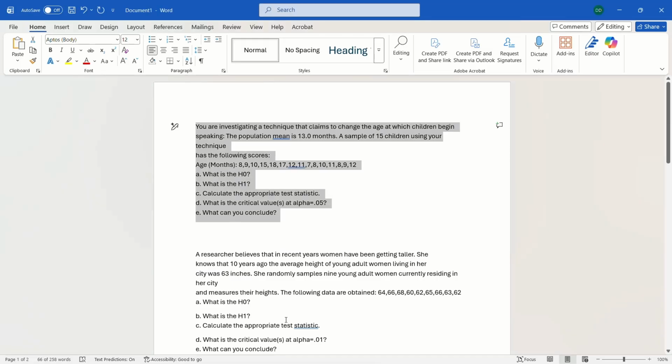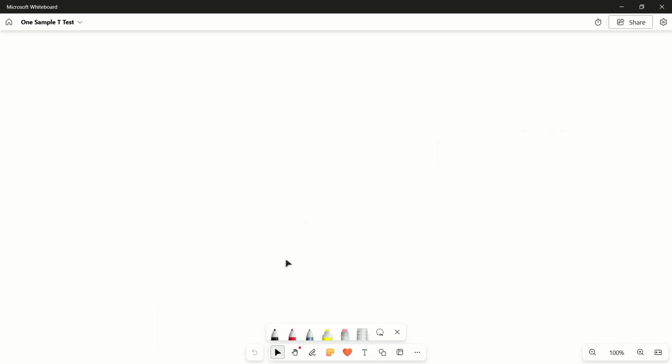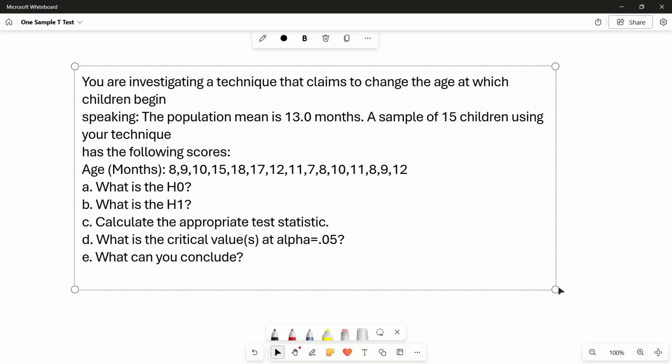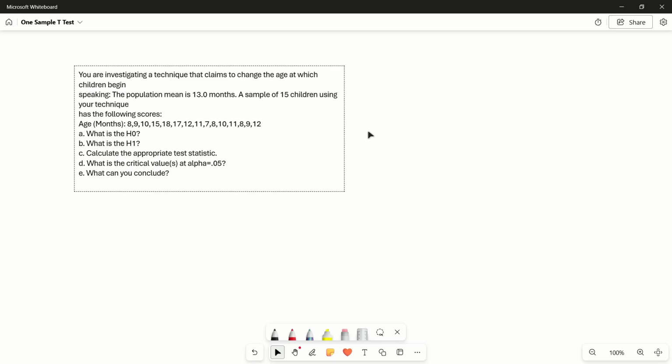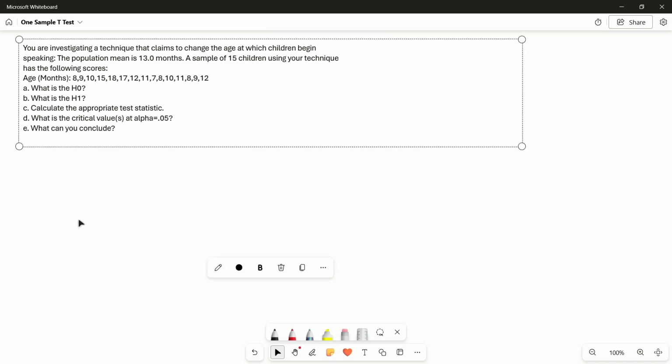And I'm going to take that problem and copy it into the whiteboard. Try and move it into a good spot here. Okay.